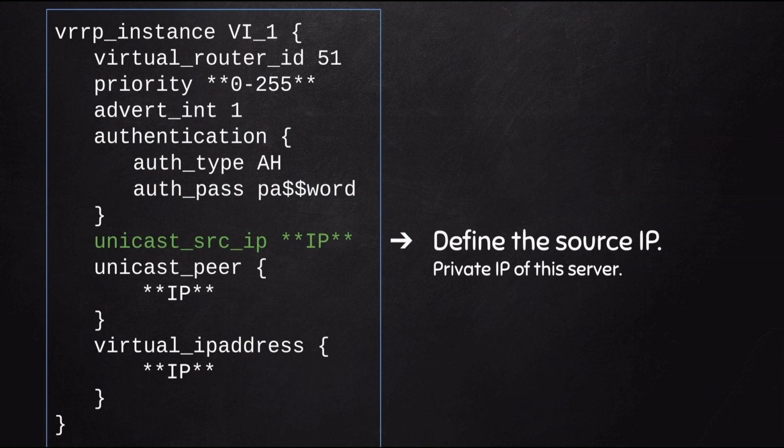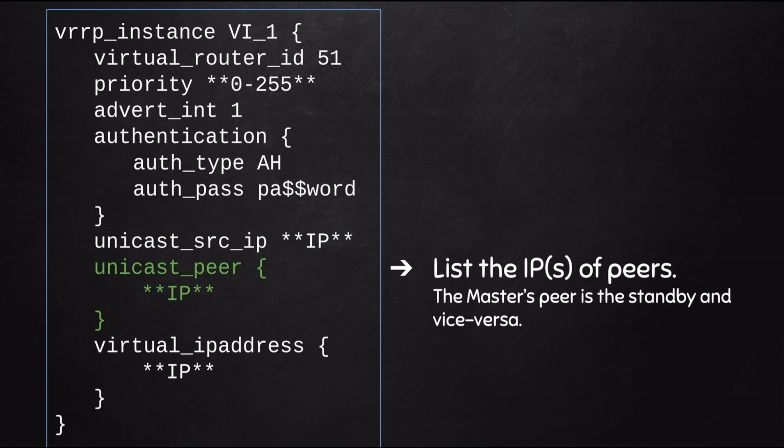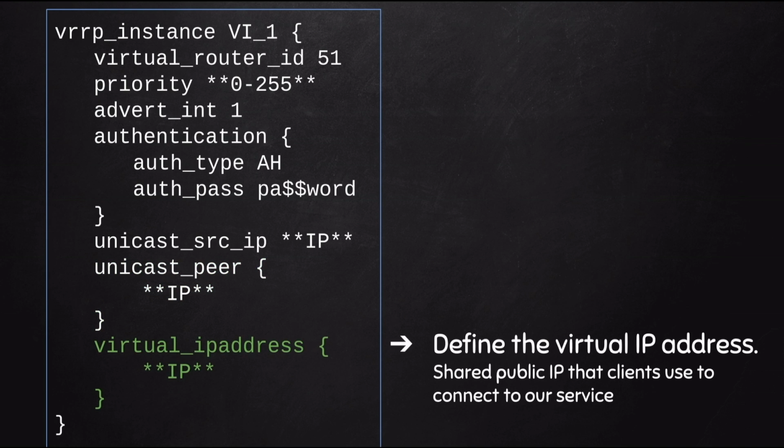The unicast source IP is set to the private IP of the server on which this configuration file resides. The unicast peer block is filled with the private IPs of other servers on the network that are part of the failover group. In this case, the master's peer is the standby, and vice versa. Finally, the virtual IP address is set to the shared public IP that clients use to connect to our service.